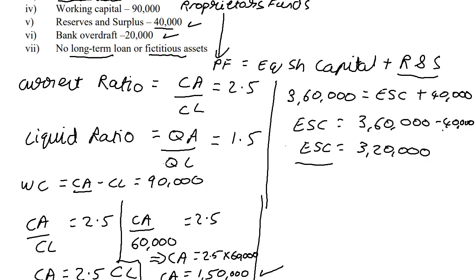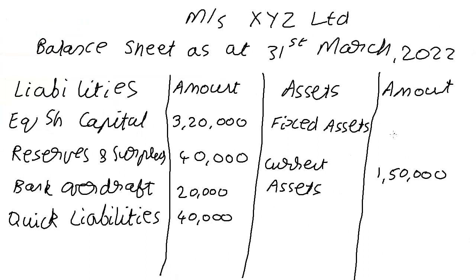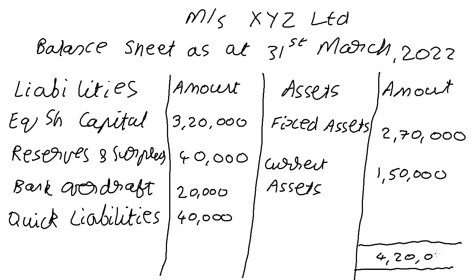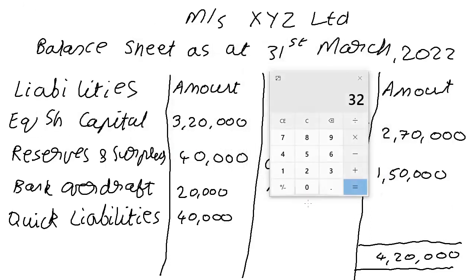Fixed assets is 2,70,000. And now we tally the balance sheet. So 2,70,000 plus 1,50,000 should give us 4,20,000. On the liability side, let's do the math.